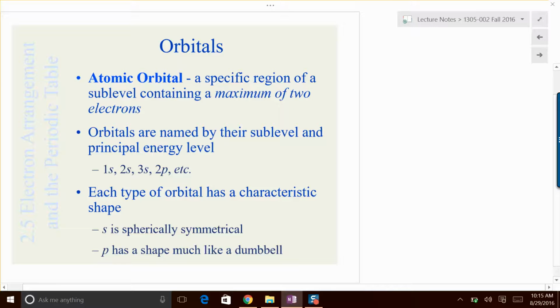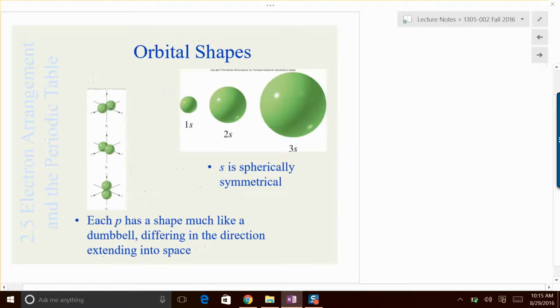All right, so this is kind of the idea of how these orbitals look. An S is a spherical orbital. P kind of has this dumbbell shape to it, okay, like this. So remember I said they're going to fill into their orbital. The S only has one orbital, so it's a sphere. And both of those electrons will pair right there. They'll pair together and they'll orbit this sphere. Okay?